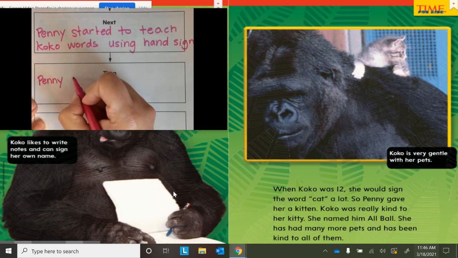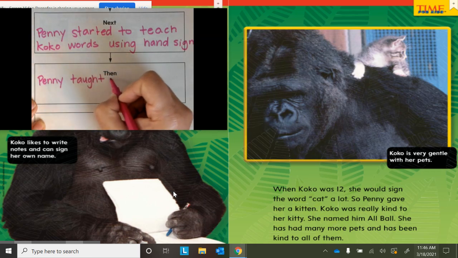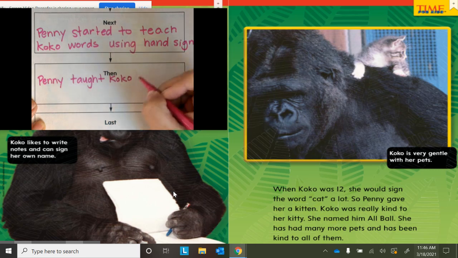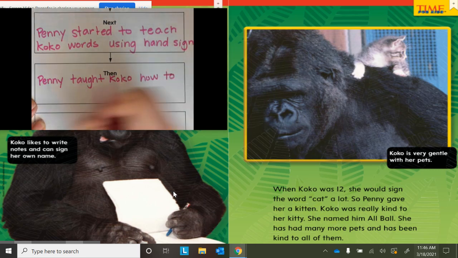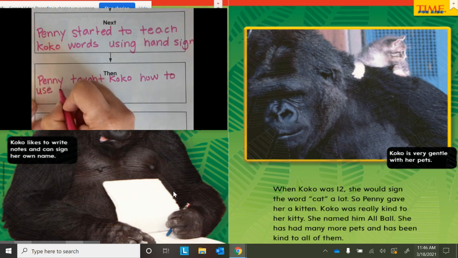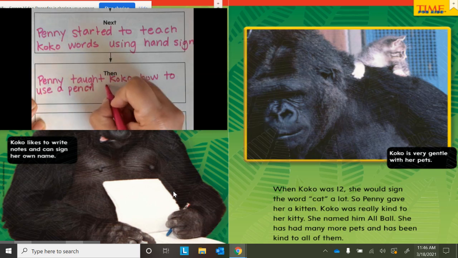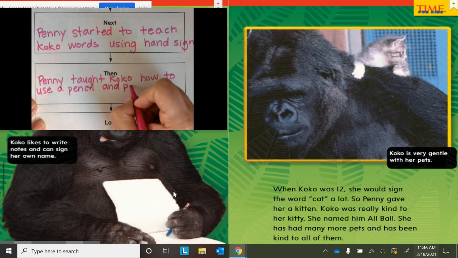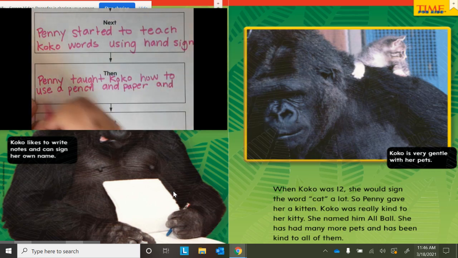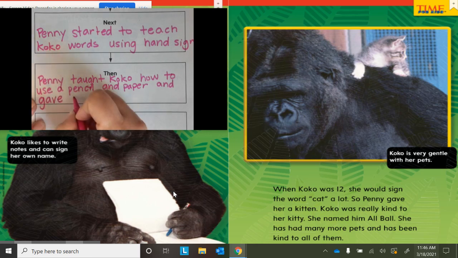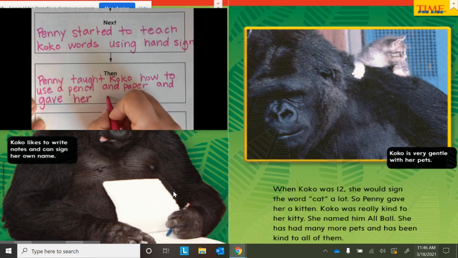Penny taught Koko how to use a pencil and paper and gave her a kitten.